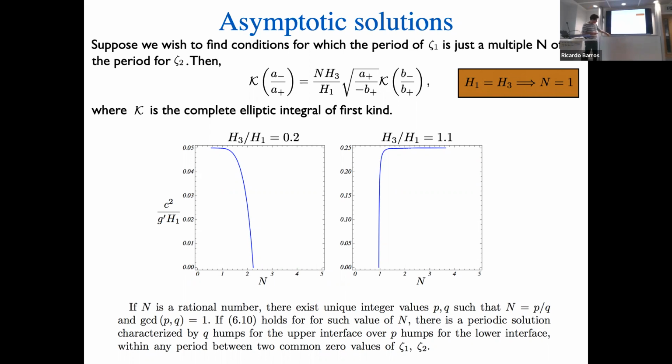Actually, this is not well drawn. It's more like this. It starts from 0 like this. It has to be smooth. So I have one for zeta1, and then another one for zeta2. If they happen to touch here, then I could have a wave of 2 humps over 3 humps. And then all I have to do is glue this thing to infinity.